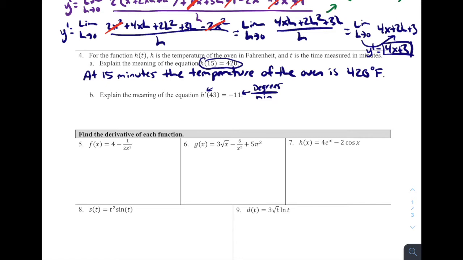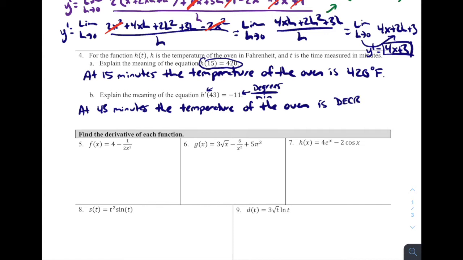So how do we describe this? We're going to say, at 43 minutes, so the time is still the same, that's our input, the temperature of the oven in this case is decreasing.